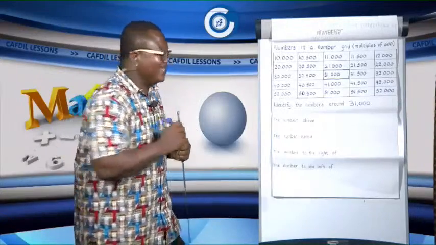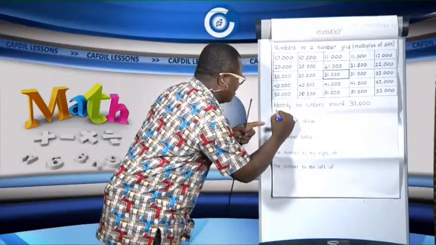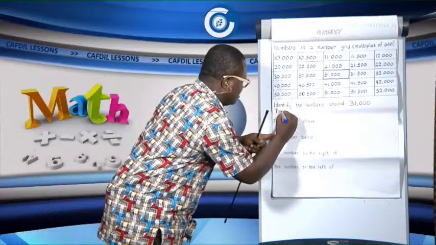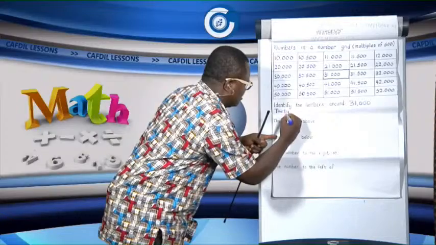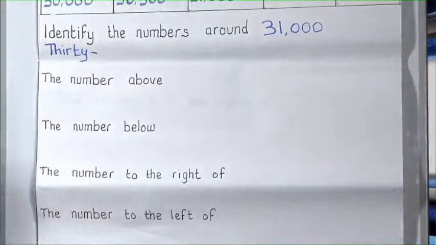We write it like this. Remember we said when you are writing numbers that end with TY, we use a hyphen to separate the tens from the ones.